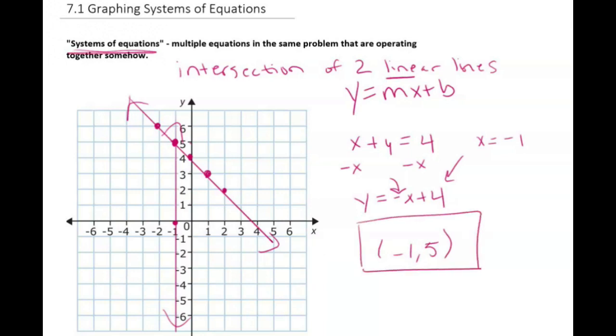This is the solution to this system of equations. All right, remember, math is its own language here. So it's really important that you understand what we're saying when we say it. So this was our system of equations, and this is the solution. The solution because it fits in both of our functions.